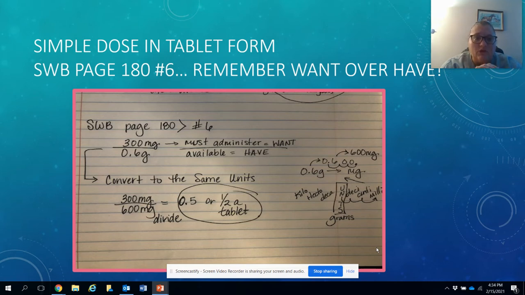So you have 300 milligrams over 600 milligrams. Once you move that decimal 3 to the right to change your 0.6 grams to 600 milligrams, you divide that out and you get 0.5 or half a tablet.